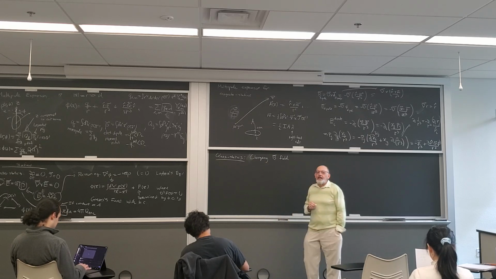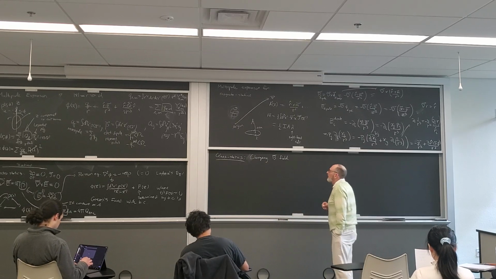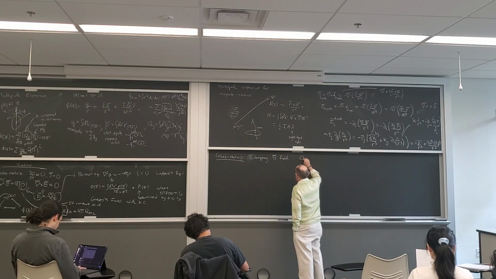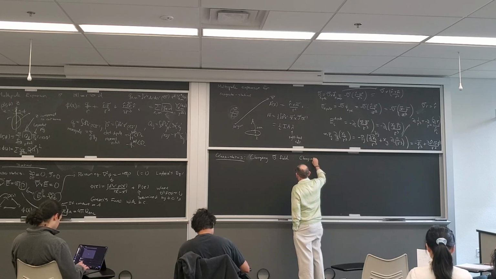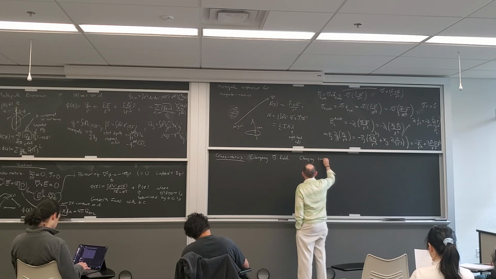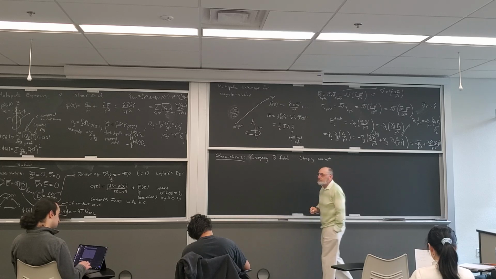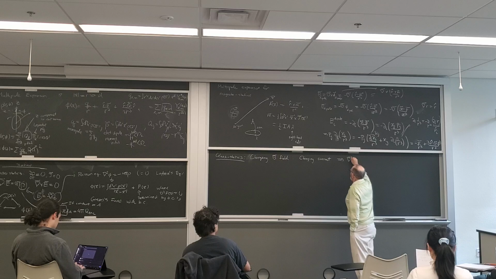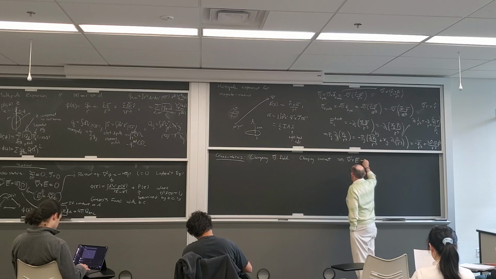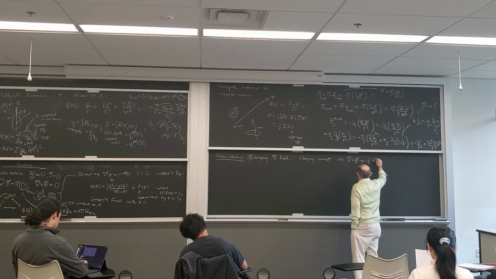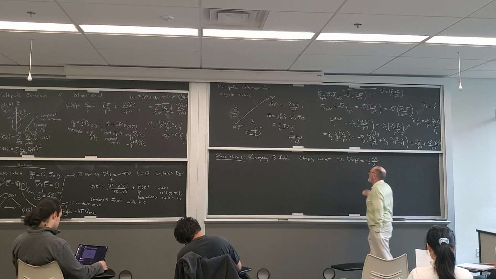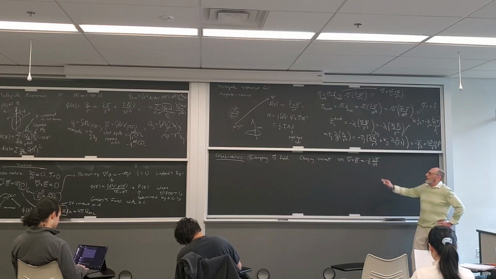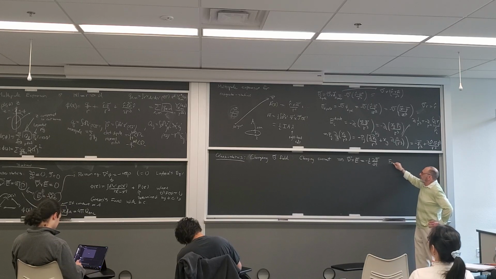Okay? We can have a changing B field because, for example, we might have a changing current. And when we have a changing B field, we know that that means that the curl of E is no longer 0. And this is Faraday's law.